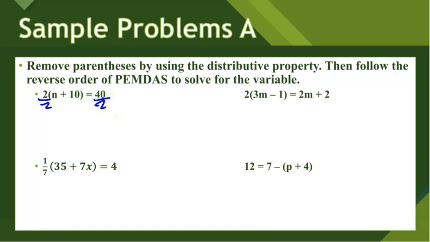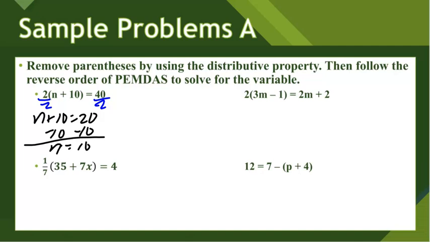And when I do that, I'm left with n plus 10 equals 20. Now I can get n by itself by subtracting 10, and n is going to equal 10. Now you would still get the same answer if you distribute the 2, but just know that you're going to have to divide by 2 at the end as it is.